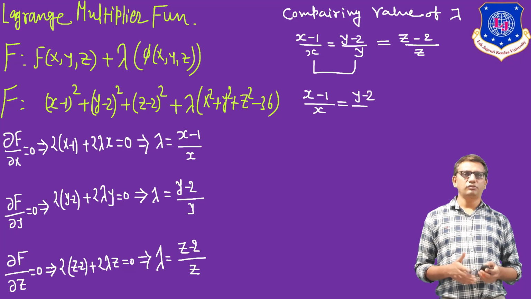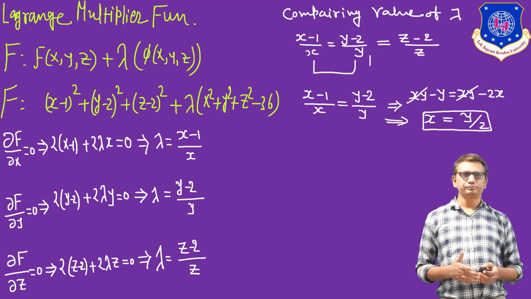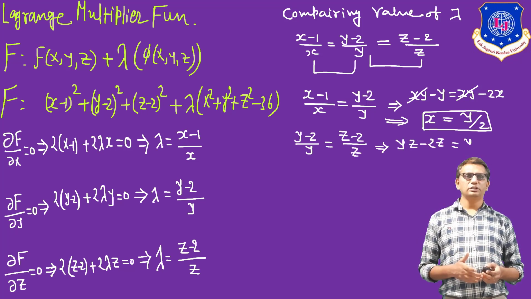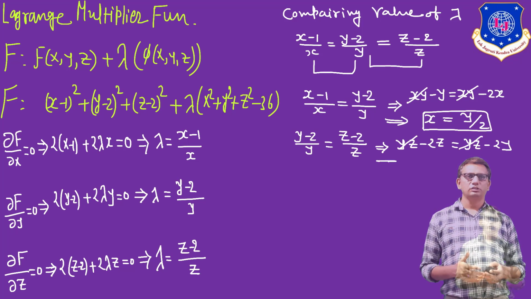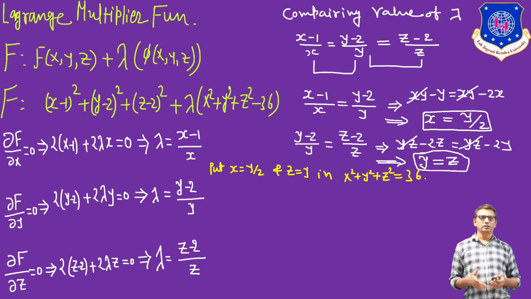Now first we take the first two ratios. From these two ratios we have xy minus y equal to xy minus 2x. So finally we have x equal to y by 2 from the first two ratios, and from the last two ratios we have y equal to z. After simplifying these ratios, we get the relation y equal to z. Now from these relations we put x equal to y by 2 and z equal to y in the condition x square plus y square plus z square equal to 36.